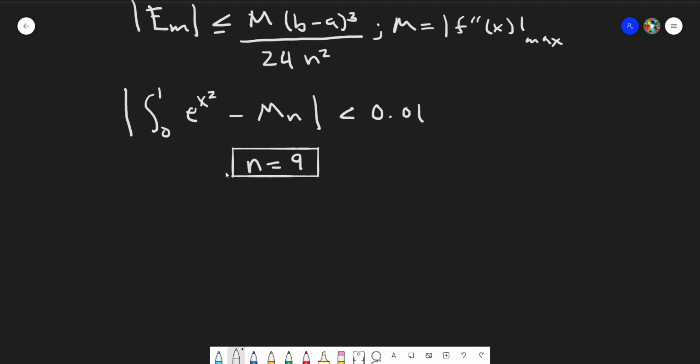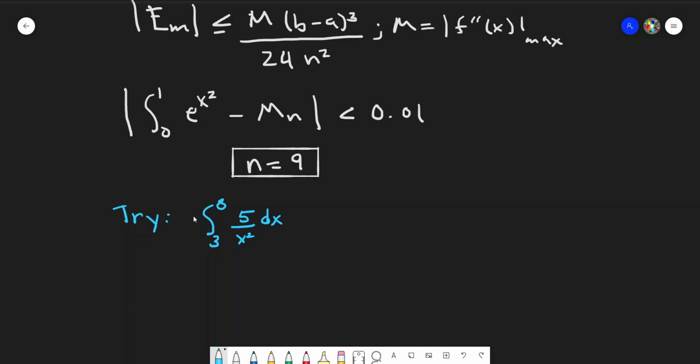Okay, so in any case, we can try an example to see how many derivatives we need to take in order to be accurate. Let's say that you're integrating from 3 to 8 of 5 over x squared dx.